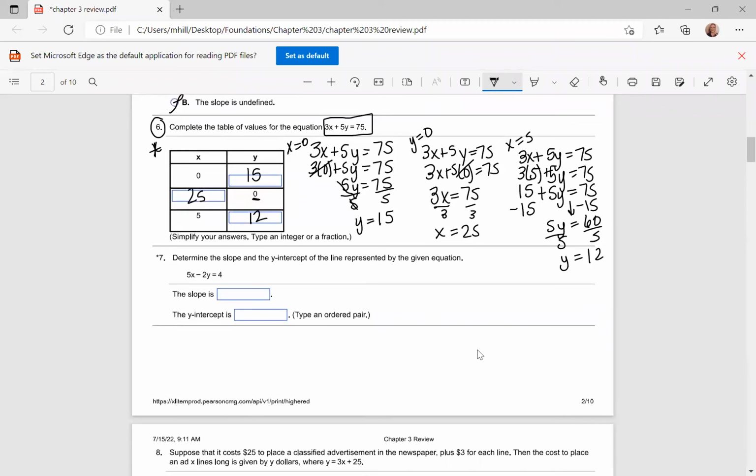Okay, on number 7, it says determine the slope. We're looking for the slope and the y-intercept of this line. 5x minus 2y is equal to 4.